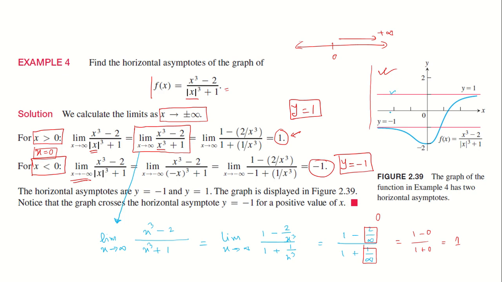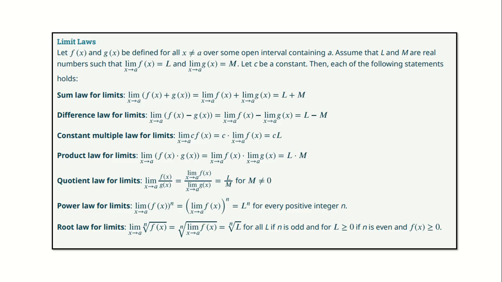This one is one horizontal asymptote and this one is another one. We have already discussed these limit laws. There are difference laws, constant multiple laws, product laws, quotient laws, power laws, root laws.